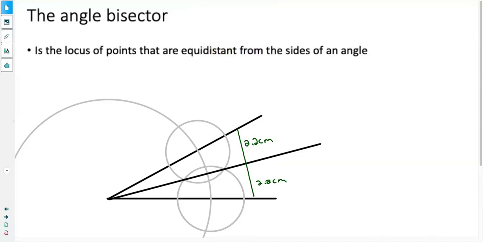Alternatively, I could have done it back over here, and I see that this is 1.3 centimeters, and this is also 1.3 centimeters. So any point along here is equal distance going at a right angle out to one of the arms of our angle.